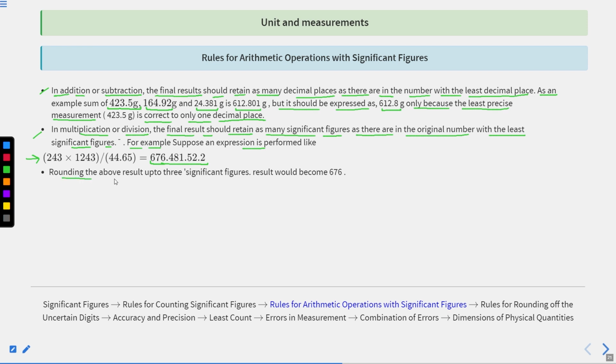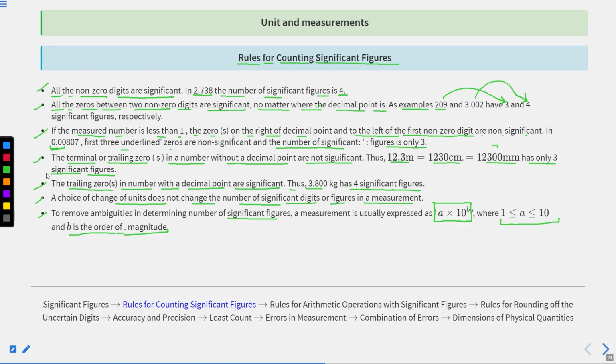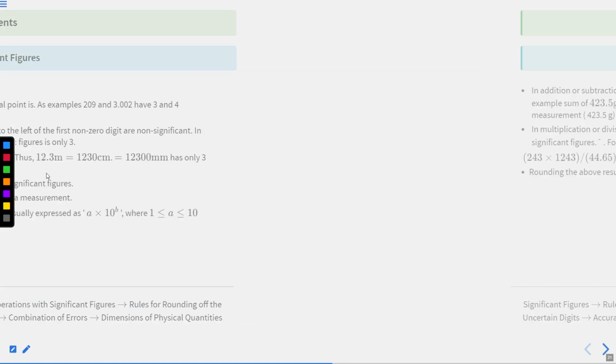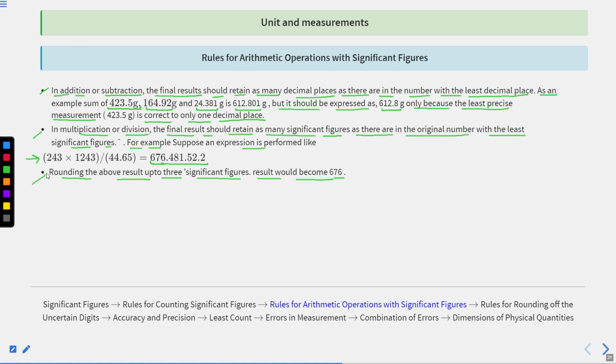Rounding off the above result up to three significant figures, the result would become 676. So, these are the rules for counting significant figures. Clear?